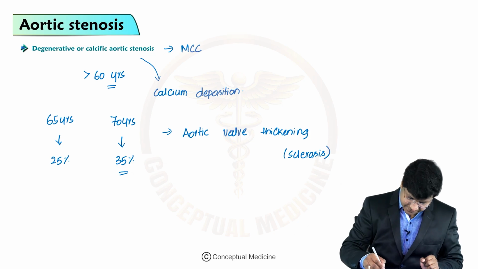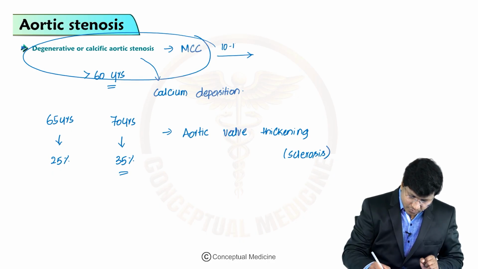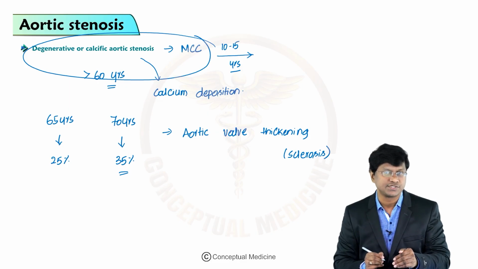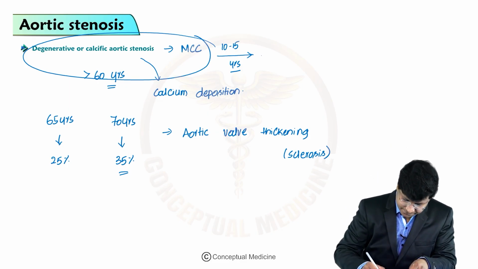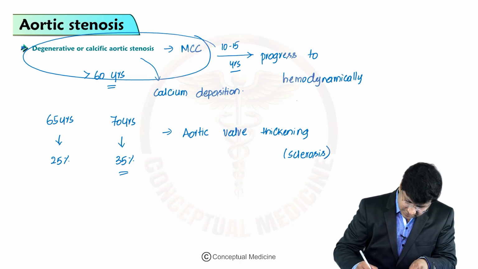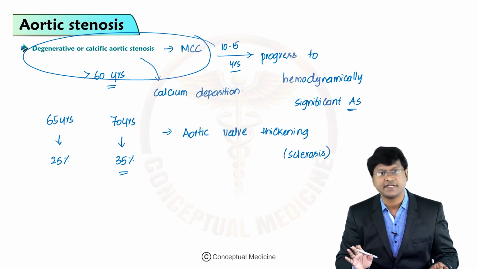So these individuals with degenerative or calcific aortic stenosis, over a period of 10 to 15 years, will progress to hemodynamically significant, severe aortic stenosis. Okay, so that is about degenerative or calcific aortic stenosis.